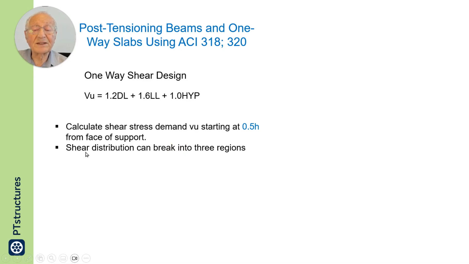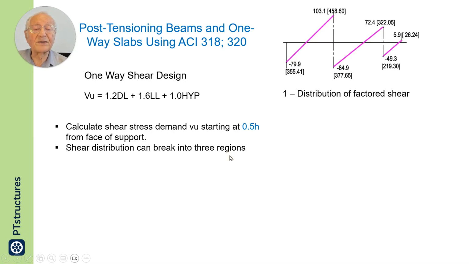And then we break the distribution of shear along the member into three regions. ACI bases the design on three regions.